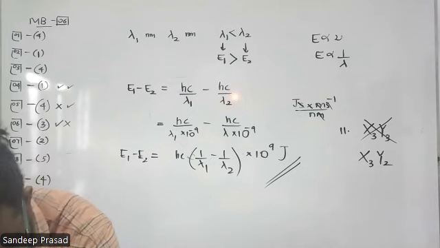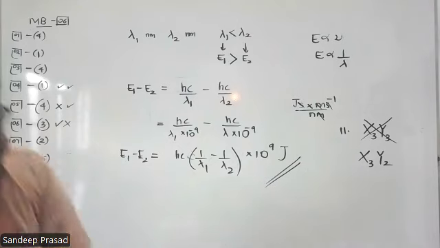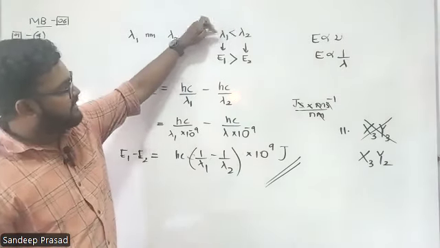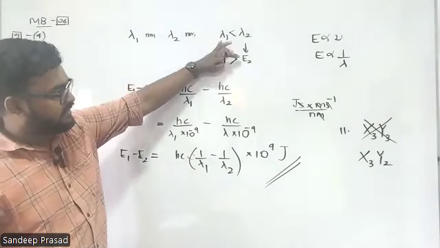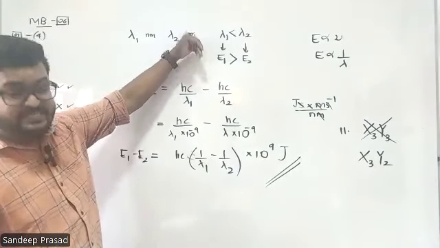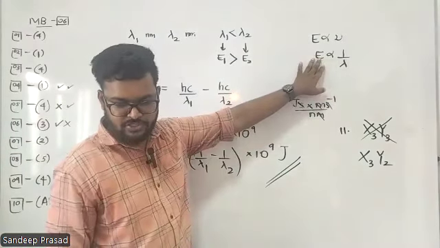Yes, Hana, what are the questions that you have? So why are you subtracting E2 from E1? Because I told you, lambda 2 is greater than lambda 1. Then we know that when the wavelength decreases, energy is increasing. Energy and wavelength are inversely proportional, right?